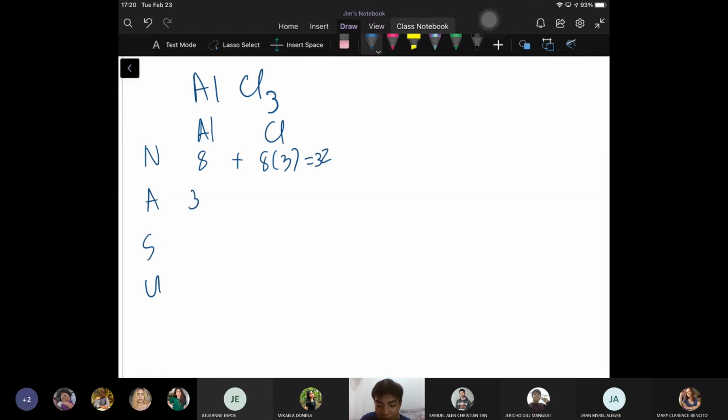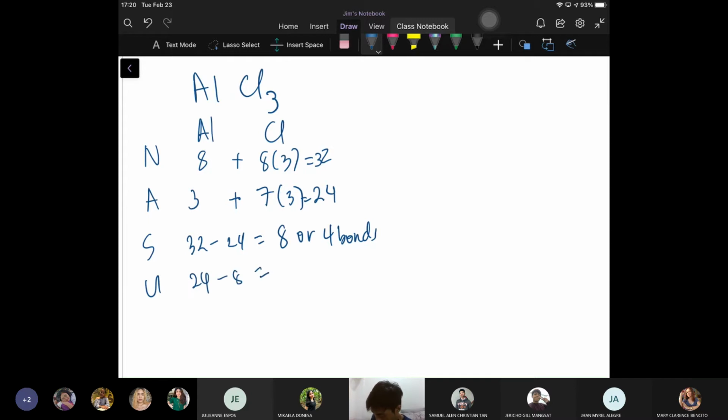Aluminum is in group 3 and chlorine is in group 7 times 3, so that will be 7, 14, 21, 24. 32 minus 24, that will be 8 or 4 bonds. And then unshared will be 24 minus 8, is 16 or 8 lone pairs.